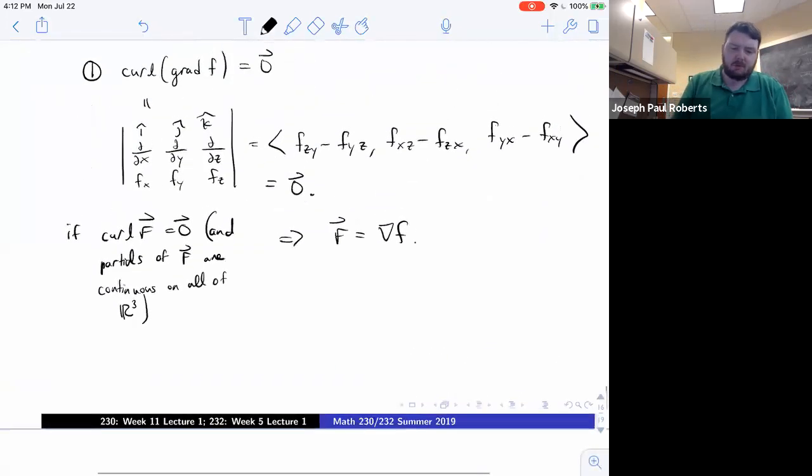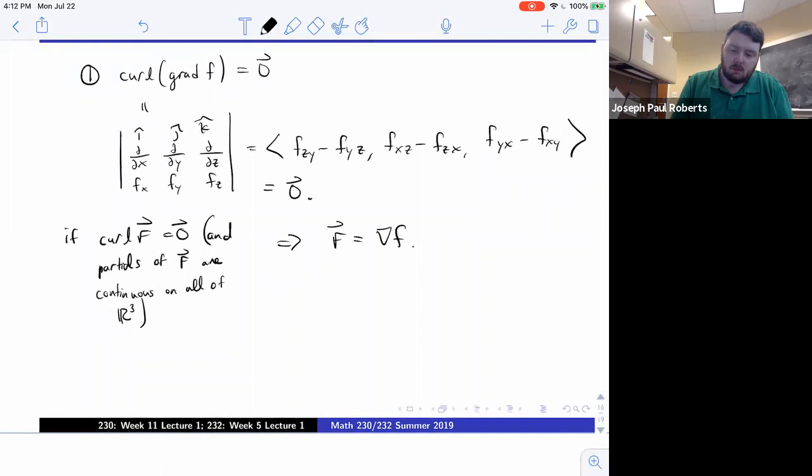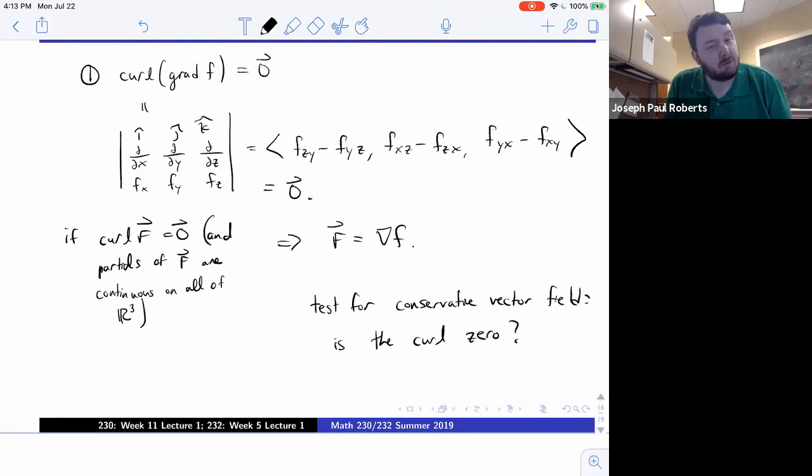Okay, and then similarly, I guess you could say the test for a conservative vector field is: is the curl 0? And by 0, since curl is a vector, I'm really meaning the 0 vector.